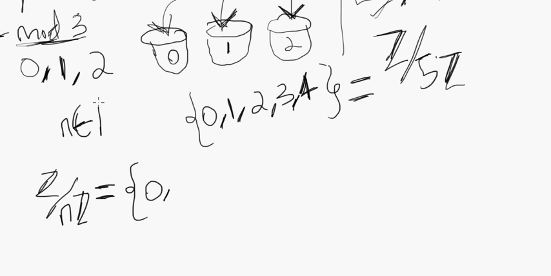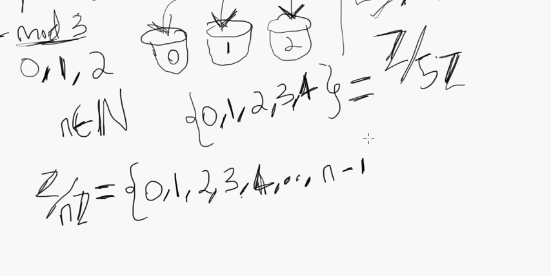So you could have a remainder of 0, 1, 2, 3, 4, all the way till n minus 1. That's where it ends. That's what this set is.